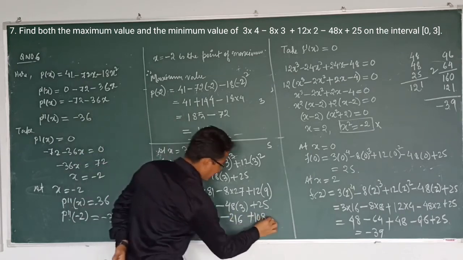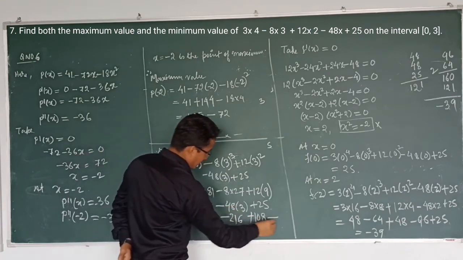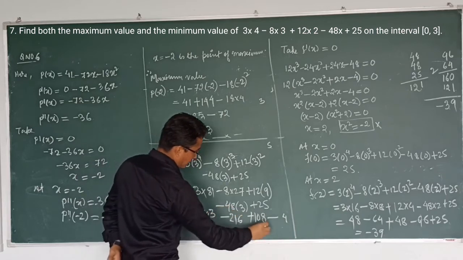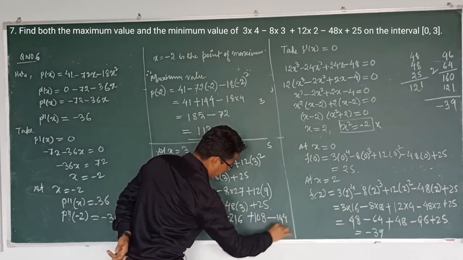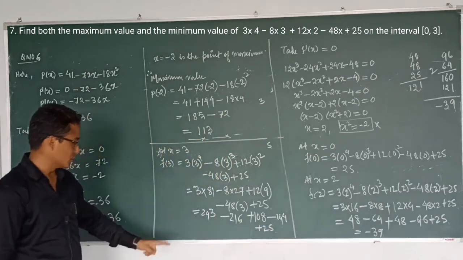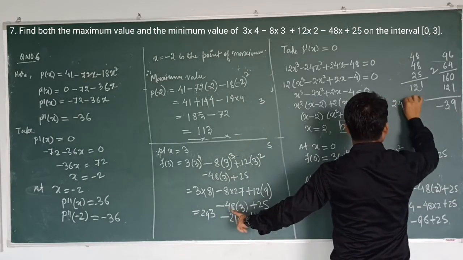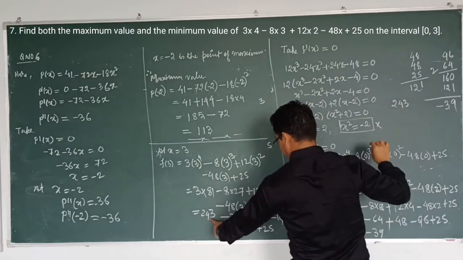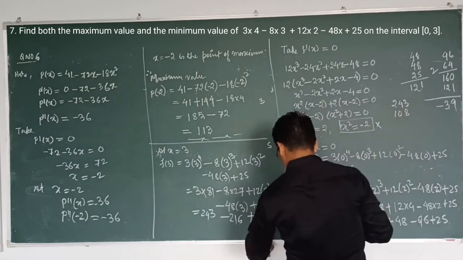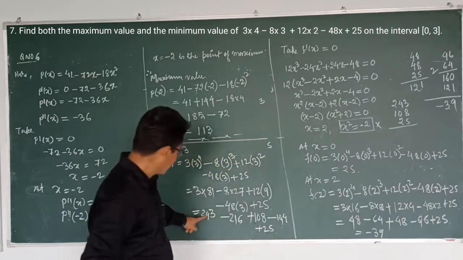Okay, then minus 8 3s are 24, 2 carry over, 3 4s are 12, 13, 14, this is 14, then plus 25. Okay, so what we will get, 243, then 108, then it's 25. Okay, these are the plus.